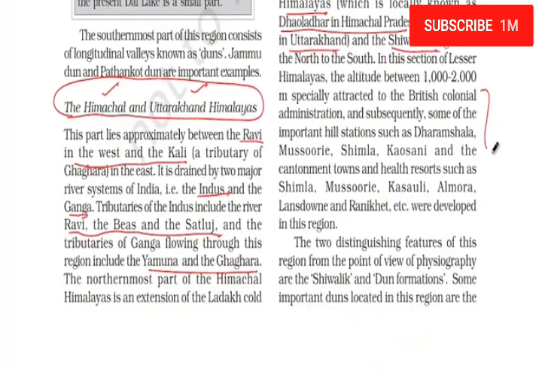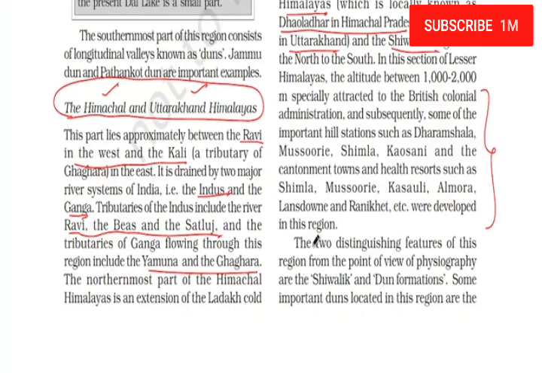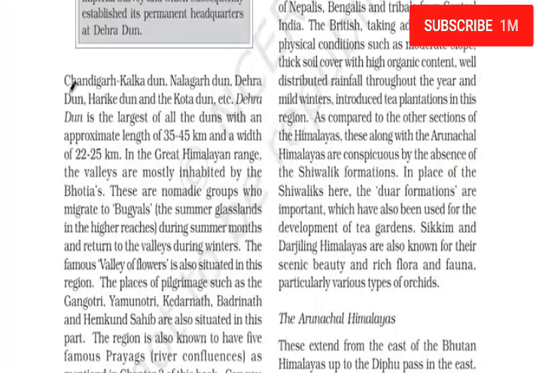Some hill stations are present in this region, and the two distinguishing features of this region are Shivalik and the dune formation. Some of the important dunes in the region are the Chandigarh-Kalka dune, Nalagarh dune, Dehra dune, Harike and Kota dune. Very, very important.